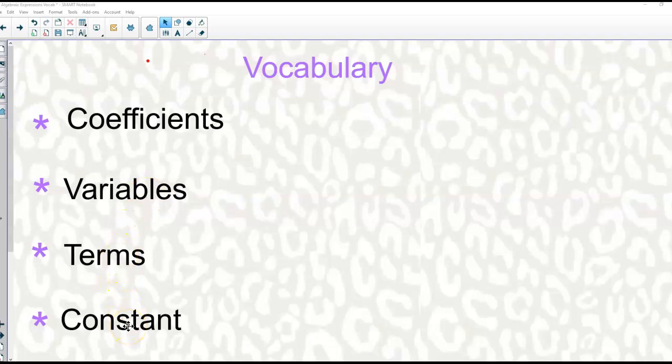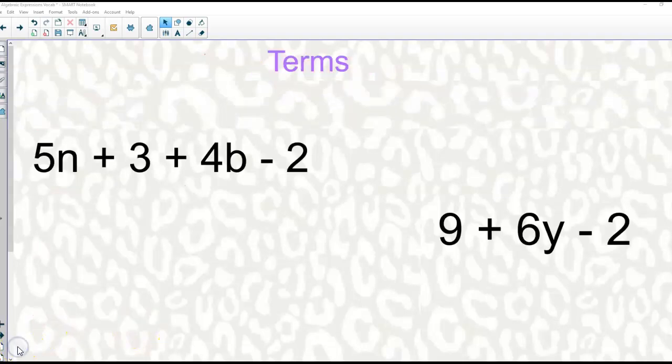We need to know what these words mean and how to pick them out of an algebraic expression. Our goal today is to work on a little bit of vocabulary. I know oftentimes we don't have a whole lot of vocabulary in math, but today's one of those days that we need to get some introductory terminology down before we go any further. So let's get started.